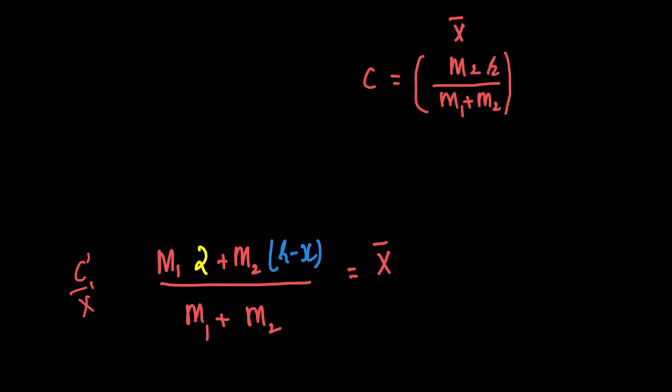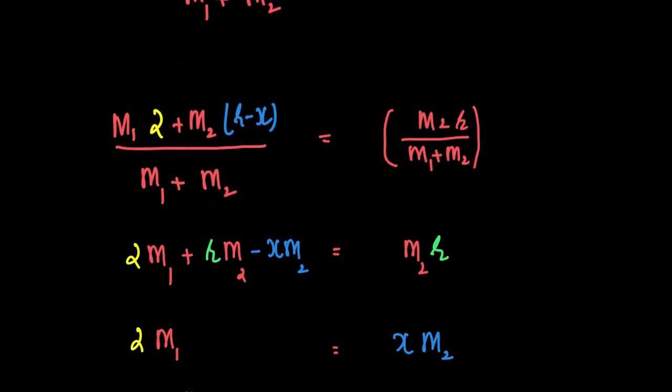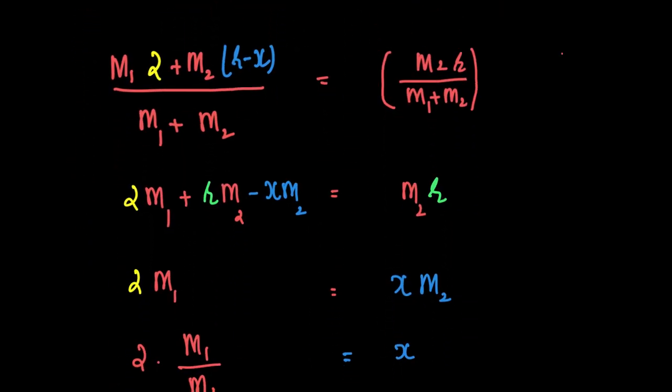If we equate them, 2m1 plus m2 into r minus x is equal to m2r. m1 plus m2 will cancel from both sides. Now 2m1 plus m2 into r is rm2, m2 into x is minus xm2, equal to m2r.